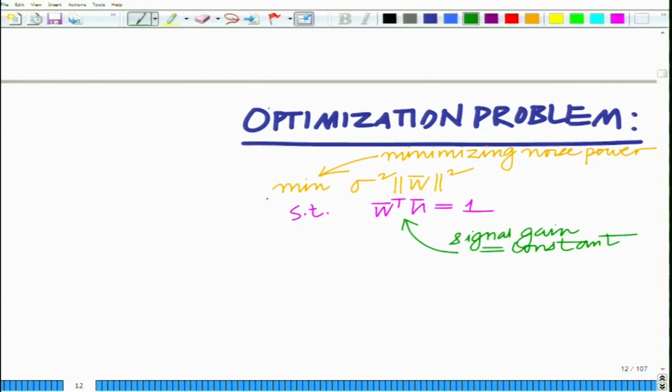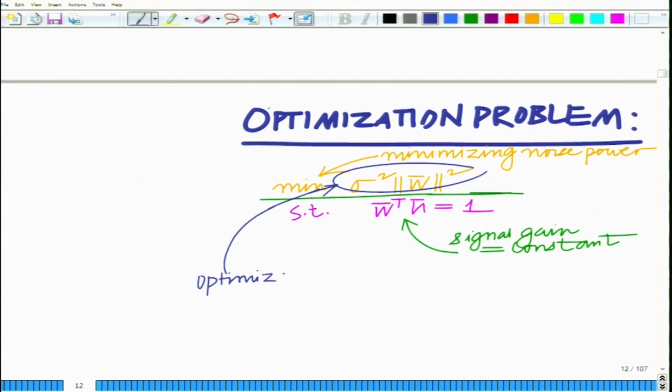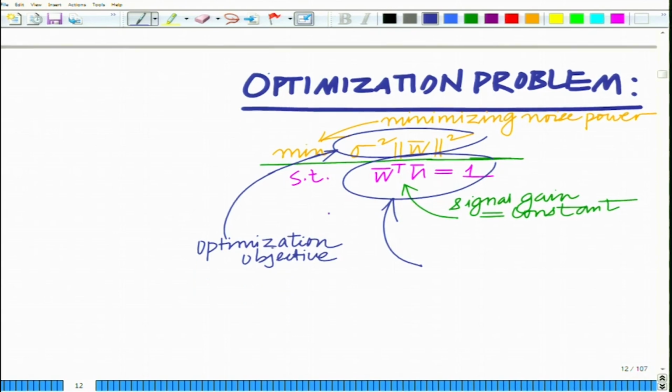Okay. And therefore, if you look at this optimization problem, it has two parts. First, what you are trying to minimize, this is termed as the objective or the optimization objective, or simply the objective function, and this is termed as the constraint, because remember we have to ensure W bar transpose H bar equals 1.